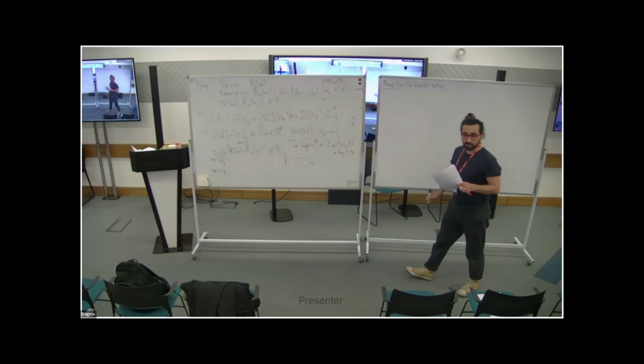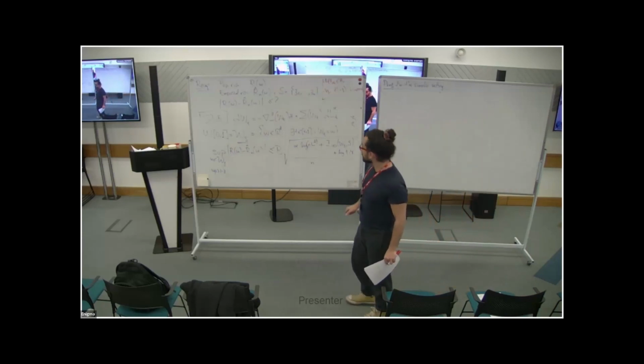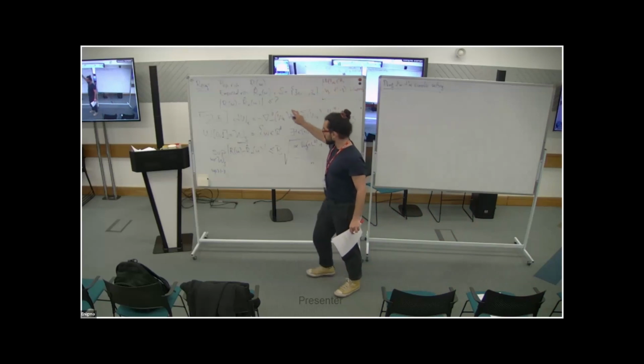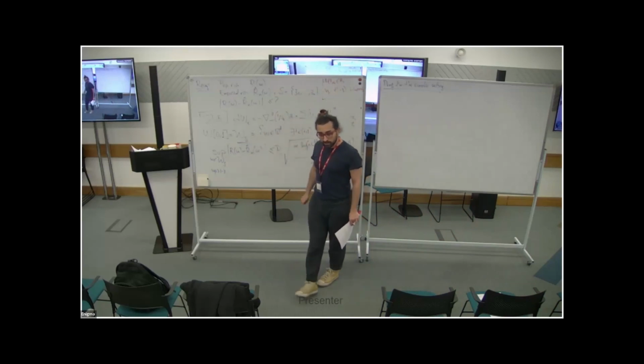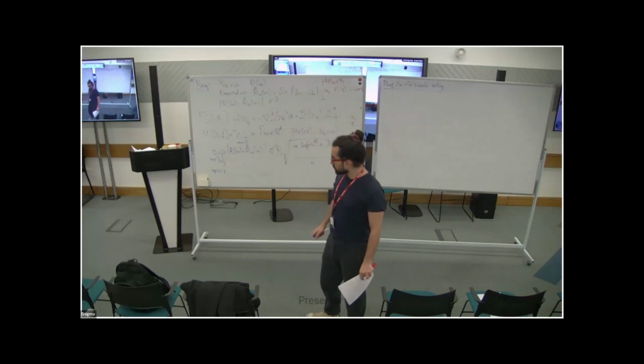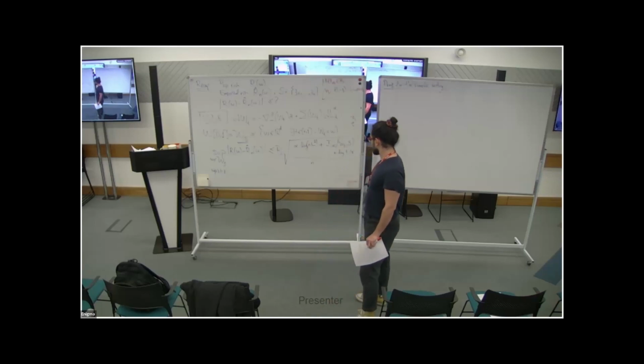Sorry, so S is random? Yes, S is random. So this set is also random. So on the left-hand side of the inequality we have a random variable, and on the right-hand side is a constant. This is a constant. No, but this is not random.